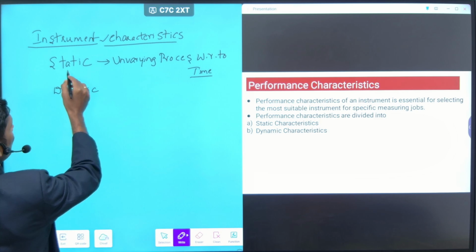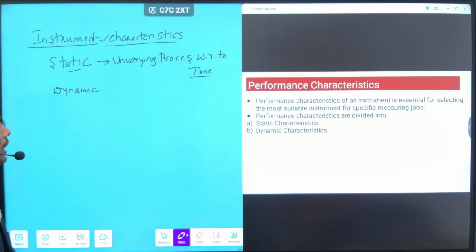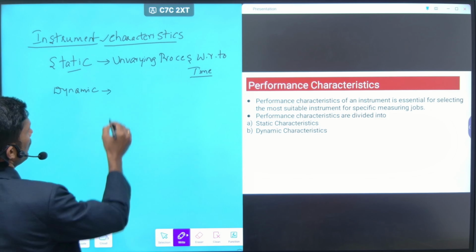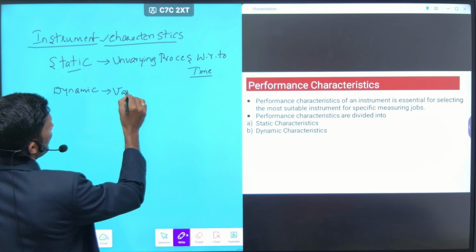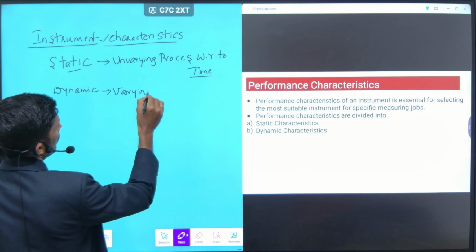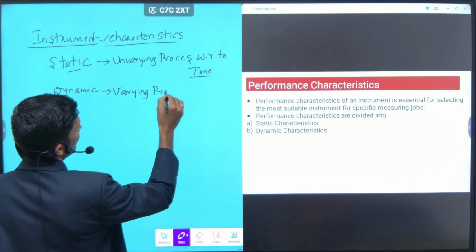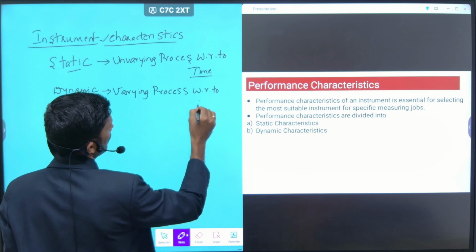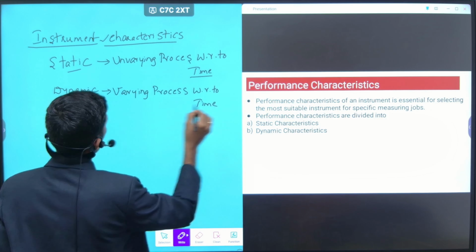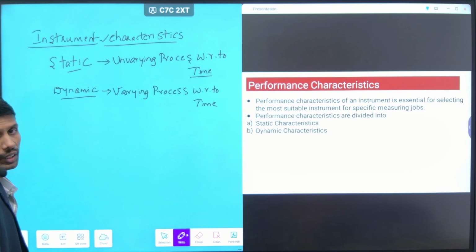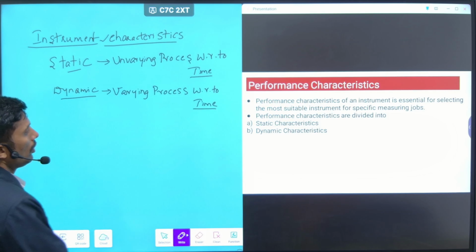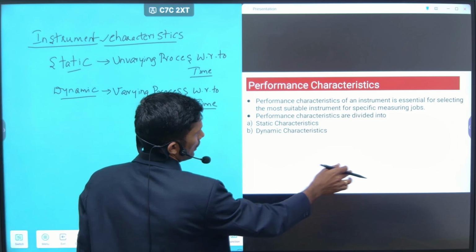So these are the two types of characteristics.